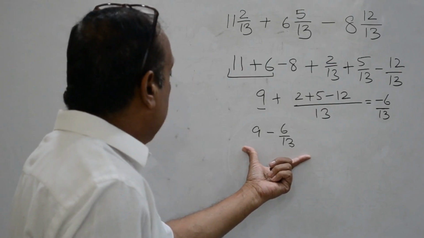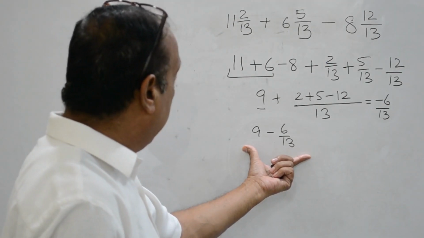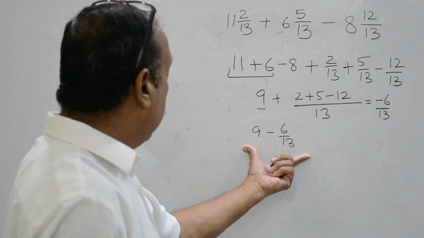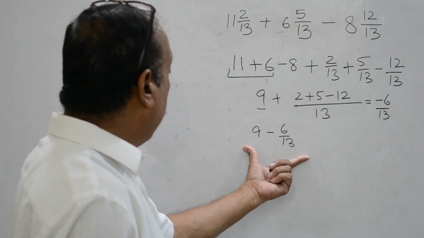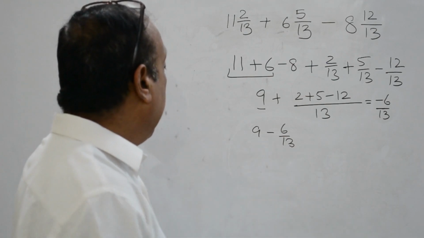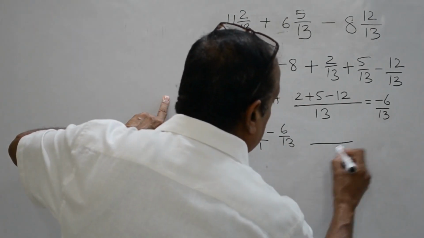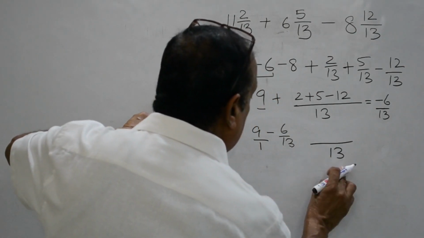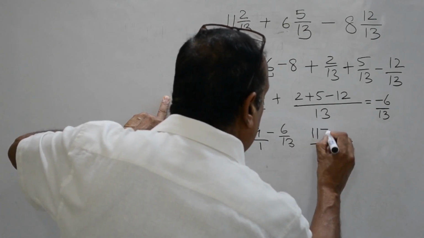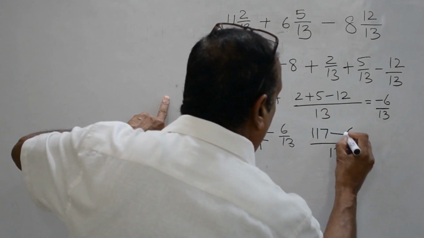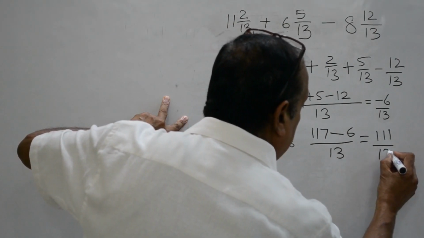Now we can solve this in two ways. The first method is the traditional method which we are taught in the school. Now let us do it with the first method, which of course is a lengthy method. So we can solve it by taking the LCM of 1 and 13, it is 13. Now 13 multiplied by 9 is 117. So 117 minus 6, we get 111 over 13.